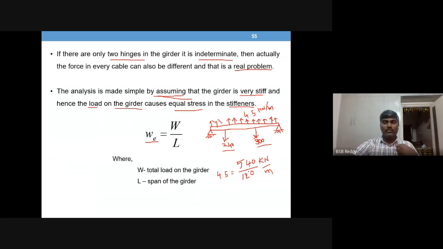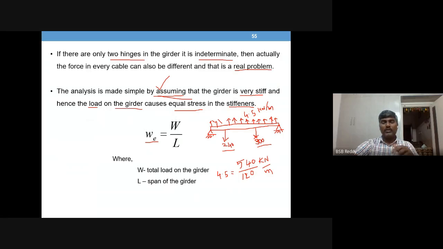So you don't need any additional equation. We are making one assumption, so that you don't need to solve for Q naught by an additional equation. It is simply one assumption that the total load on the girder is equally distributed to all the stiffeners, irrespective of their internal force.